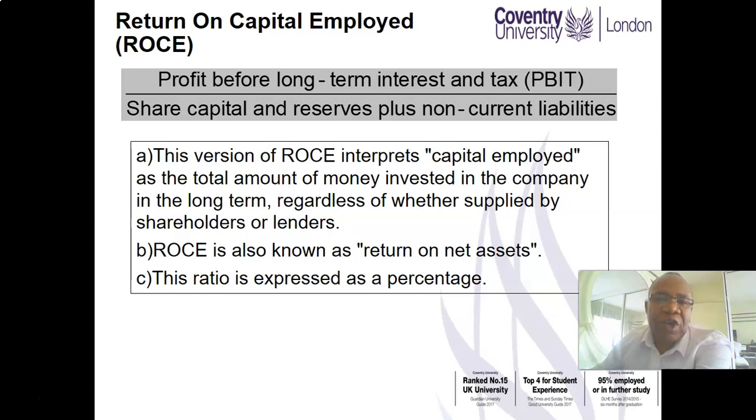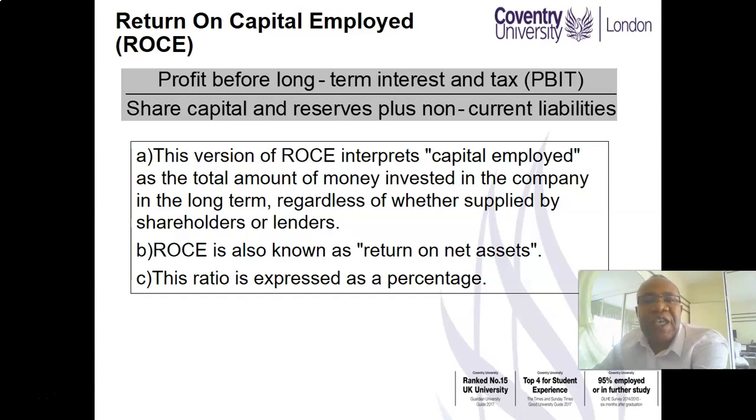The capital employed can be derived in one of two ways. It is the equity, i.e. shareholder share capital plus reserve, plus non-current liabilities. Alternatively, you can also derive the capital employed by taking the total assets of the company less current liabilities. So you understand that.